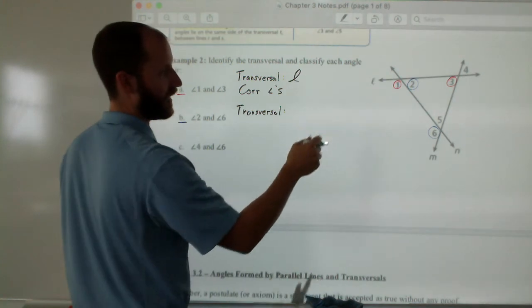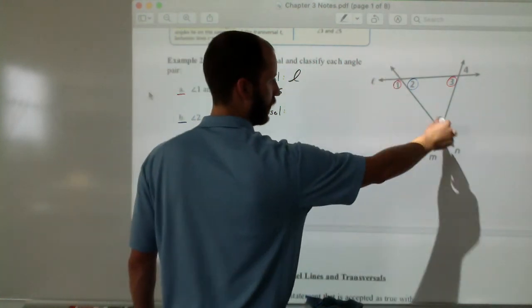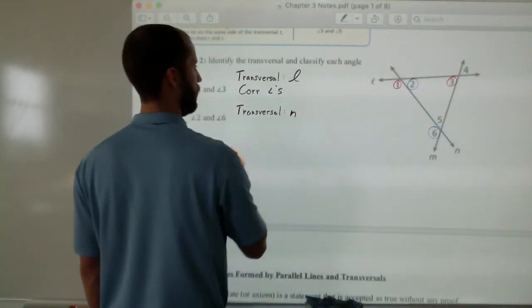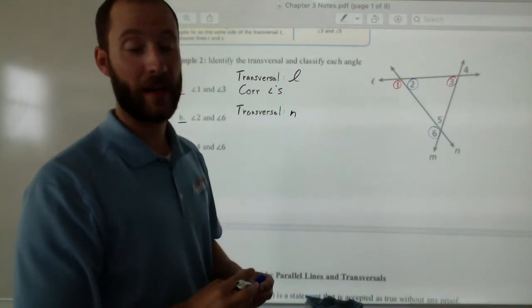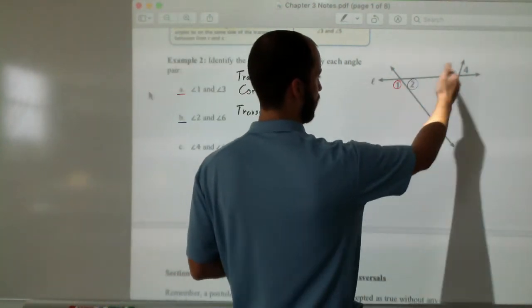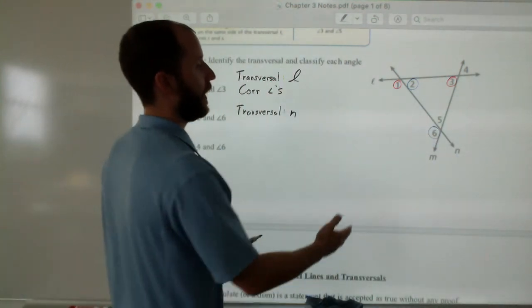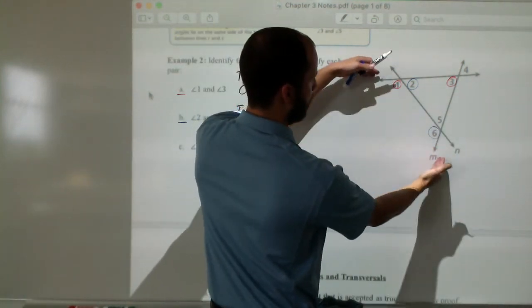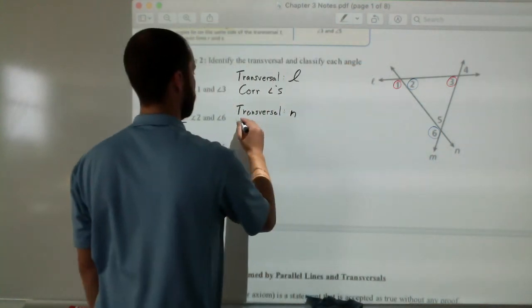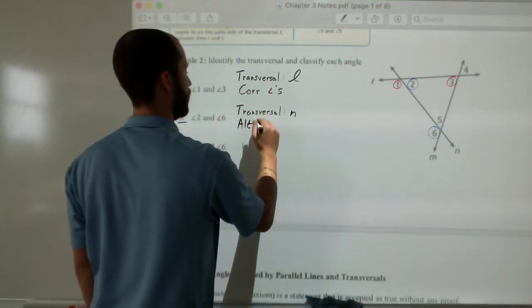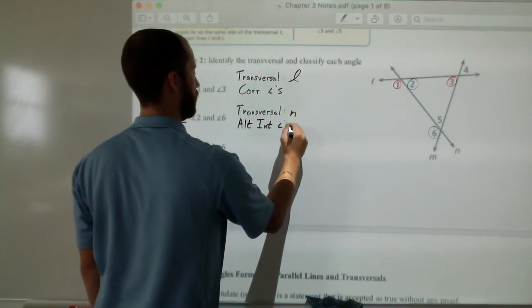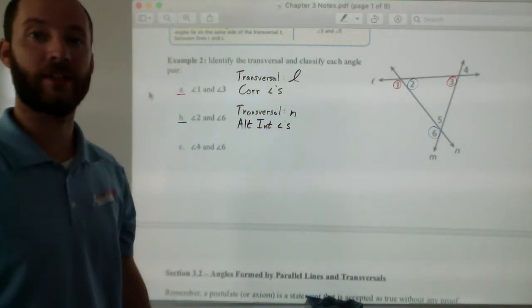And if you look, the line they have in common with each other would be line N. And then the type of angle pair. So angle 2 is to the right of N, angle 6 is to the left, so they are alternate. And then they are in between L and M. They're in the interior. So alternate interior angles.